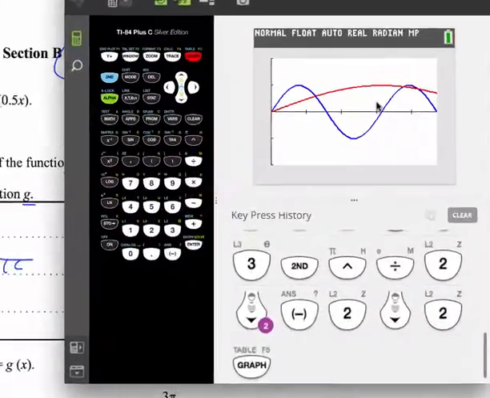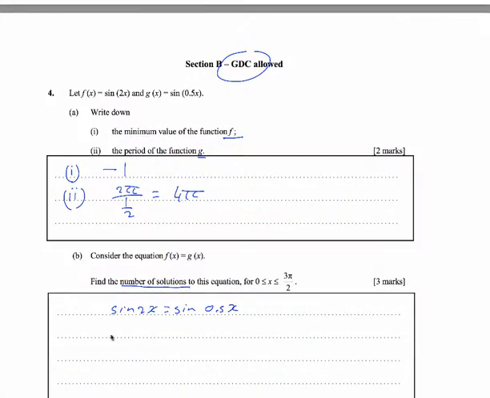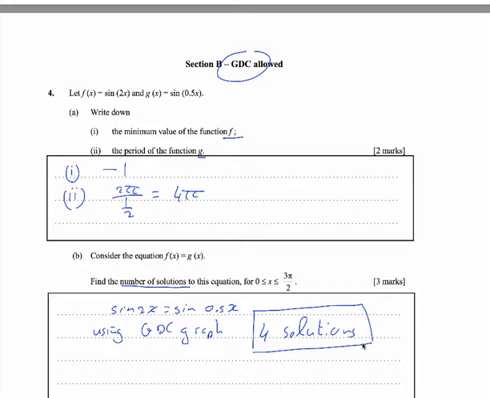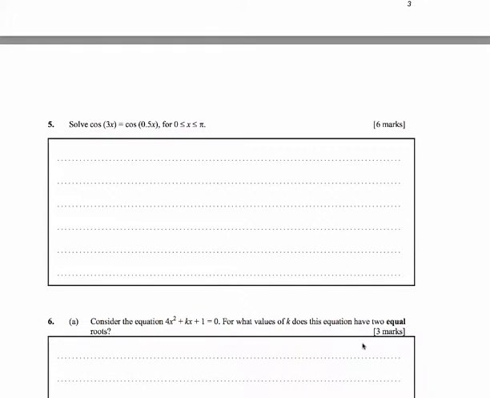I see 4 solutions, so that's 4. All right, so using the GDC graph, 4 solutions, and that's that. Question 4 done.